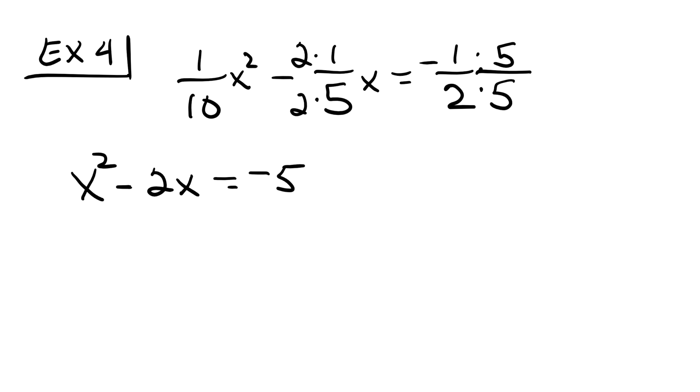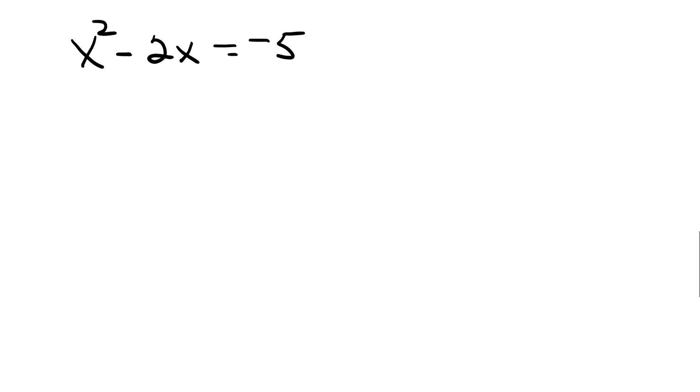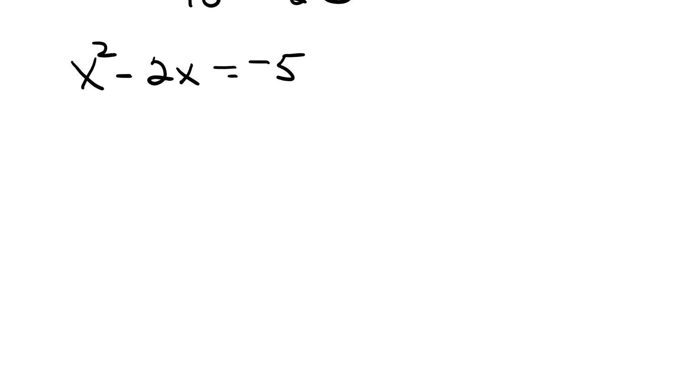My denominators are the same, so I can just solve this equation using the numerators. And this is where I'm at so far. I want to put this equation now in standard form. Okay, if I put this in standard form, it's going to look like x squared minus 2x plus 5 equals 0.